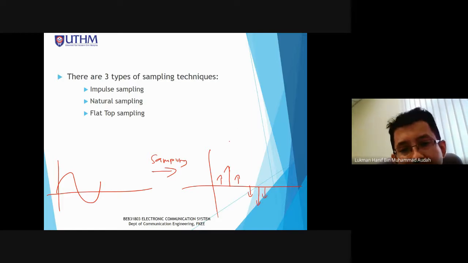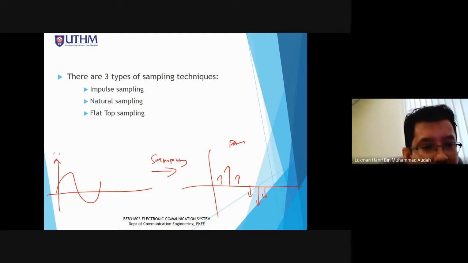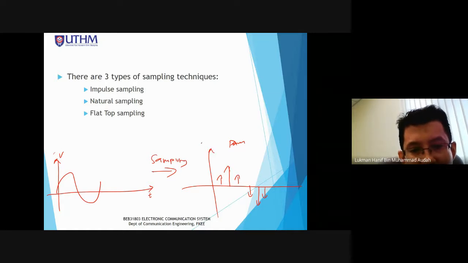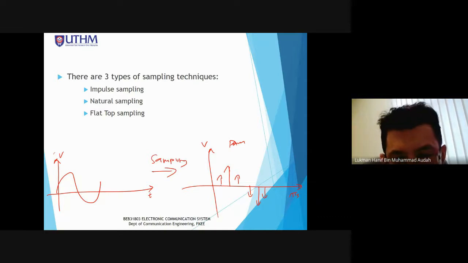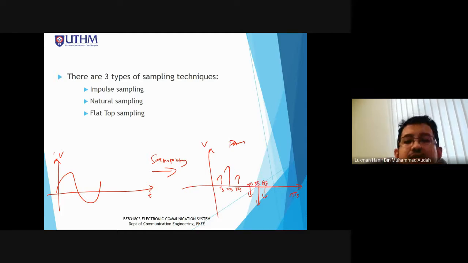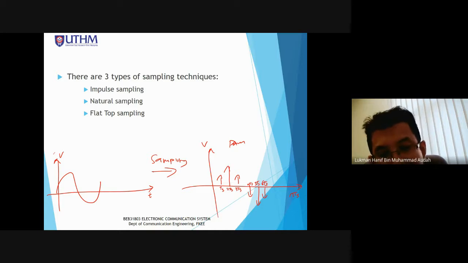Okay, so this is pump signal. Tadi adalah V versus time. So this is still voltage versus, but this is NTS. Okay, so this is a TS, 2TS, 3TS, 4TS, 5TS, 6TS, and so on, dan seterusnya.